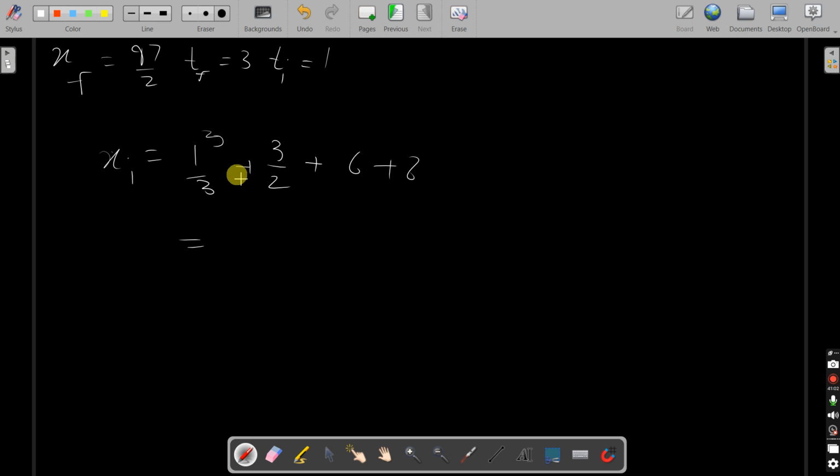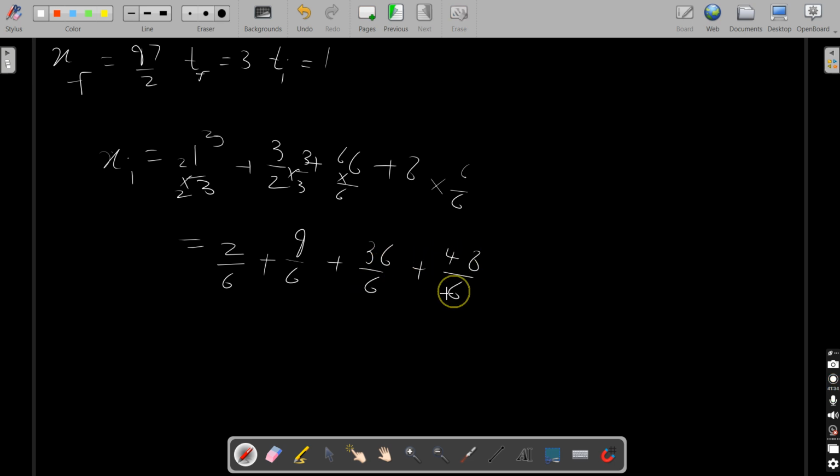If we have to take the LCM, it is 6. So multiply the first term by 2, the second by 3, and the rest by 6, because we have to make the denominator 6. So this becomes 2 upon 6, 9 upon 6, plus 36 upon 6, plus 48 upon 6.